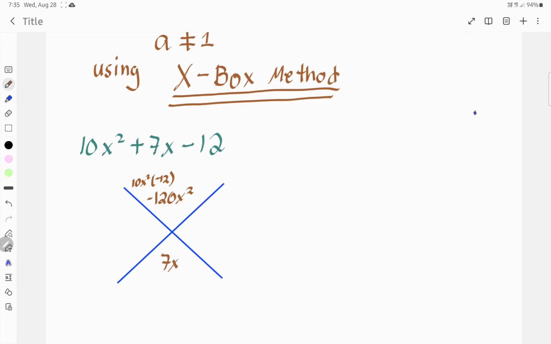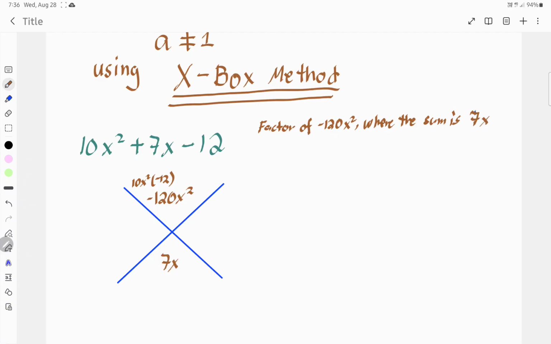Now, in your brain, you need to think about the factors of negative 120x squared where the sum is the middle term, which is 7x.